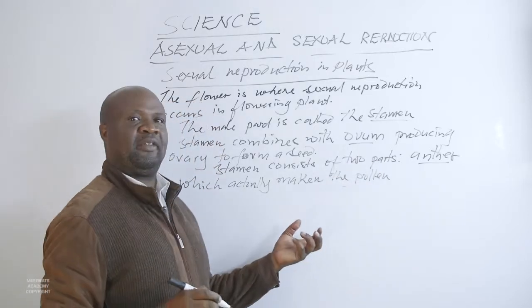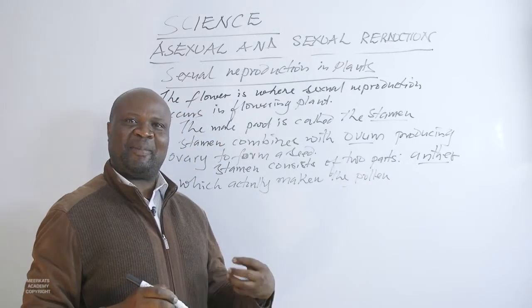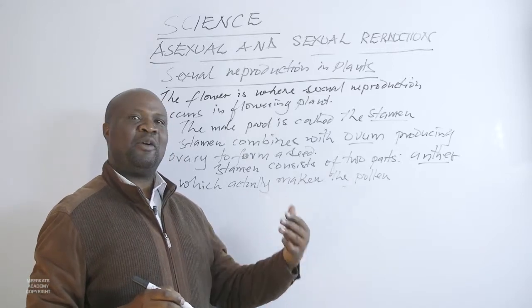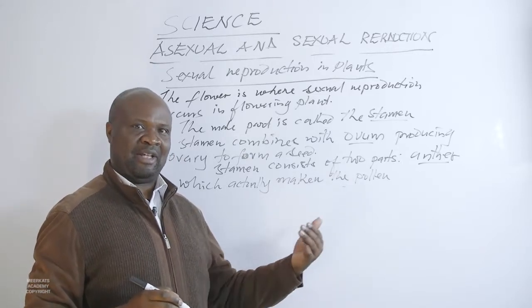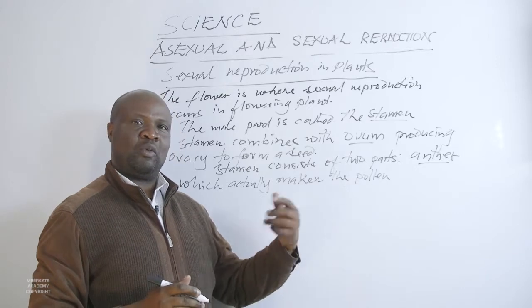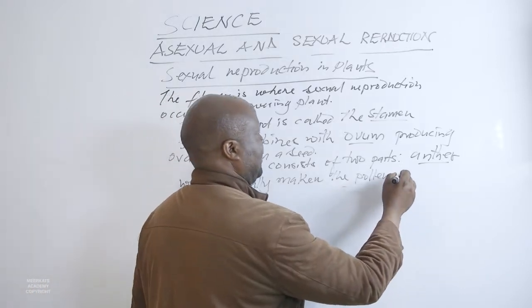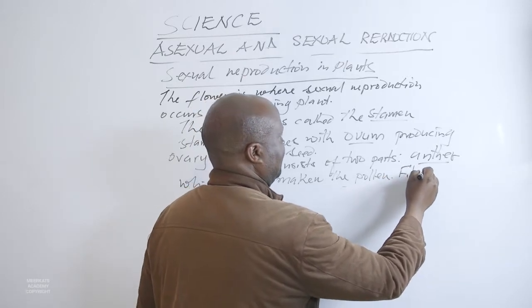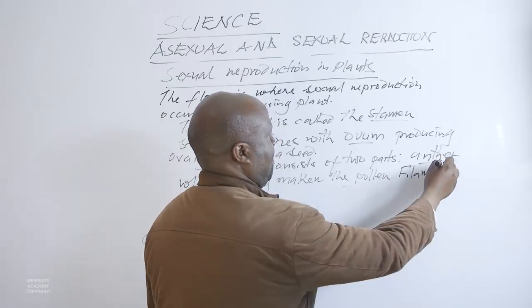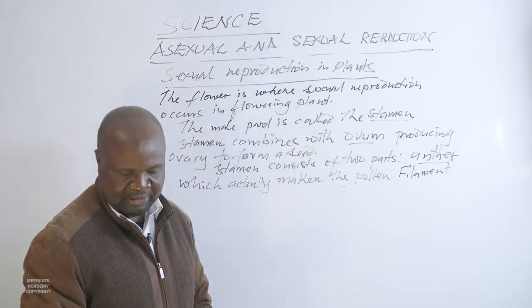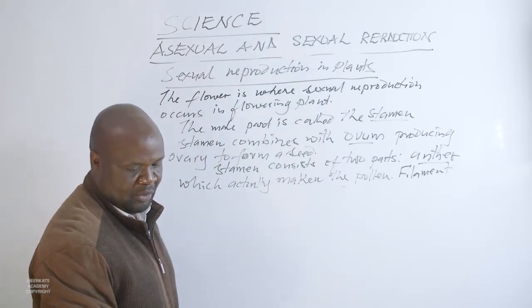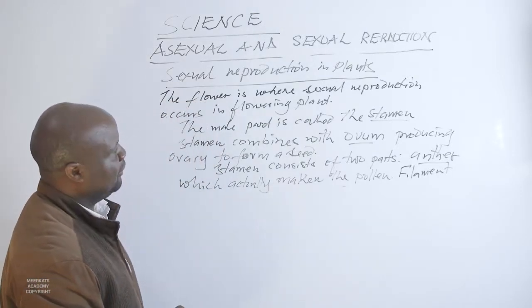And when we talk of the pollen, that is the pollen grains. The pollen grains are the male part that will be able to carry out the fertilization process when it combines with the ovum. Then the other part is called the filament, or the stalk.